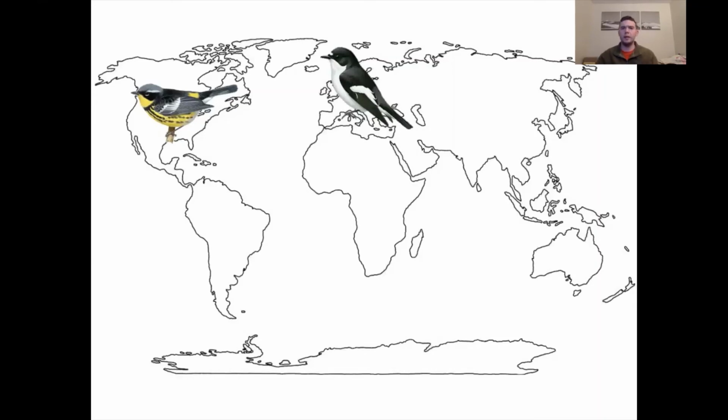Unfortunately, all of the data that we have about this more or less comes from Europe and North America, obviously where the vast majority of the naturalists are, where we're able to collect such data, where there's such funding for such work to go on. And this means that we know relatively little about places such as Asia. We know relatively little about the timing of breeding and the mismatch conditions there.